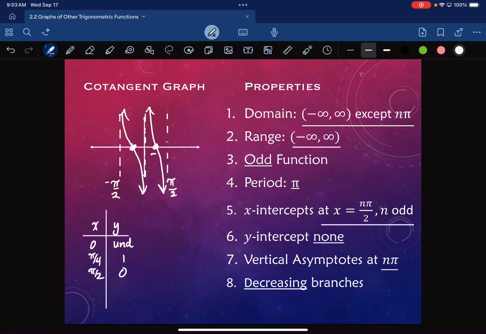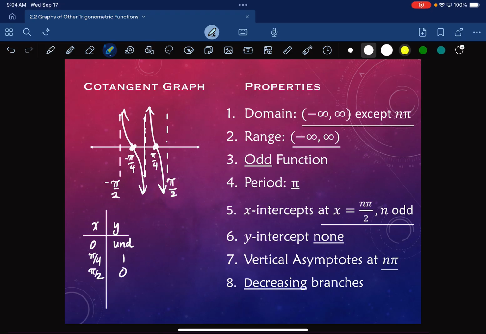And I don't have it marked, so let me go up here and mark it. This is at pi over 4. And correspondingly over here, it's negative pi over 4. I totally drew that in wrong. Hang on. Yes, those are pi over 2s. That's my fault. My labels are wrong. Okay, let me fix those.